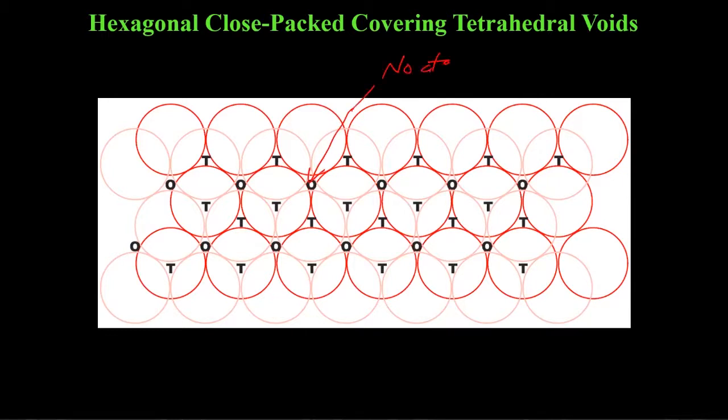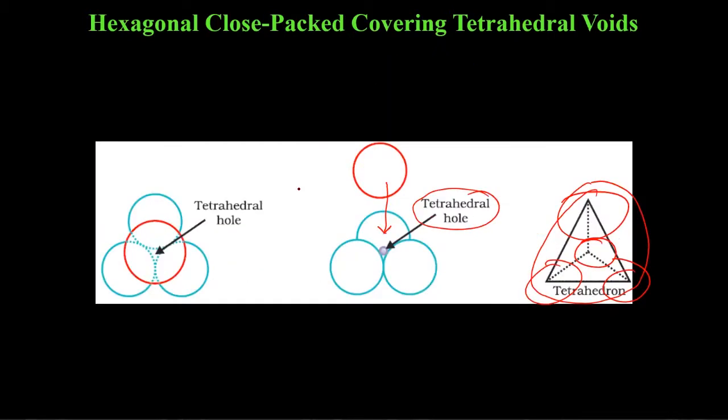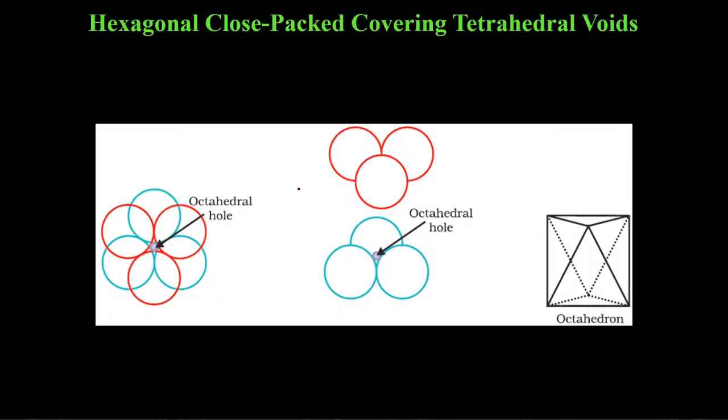So octahedral basically has three atoms of the lower layer and three atoms of the upper layer which in combination form an octahedral void. So the octahedral void is something like this. Blue one is the lower layer and the red one is the upper layer.